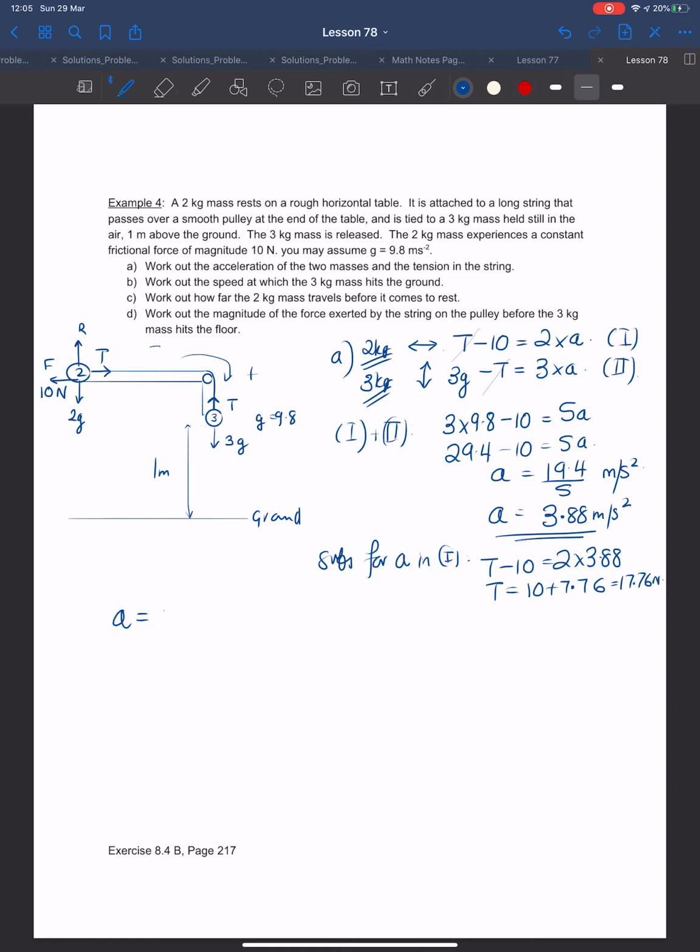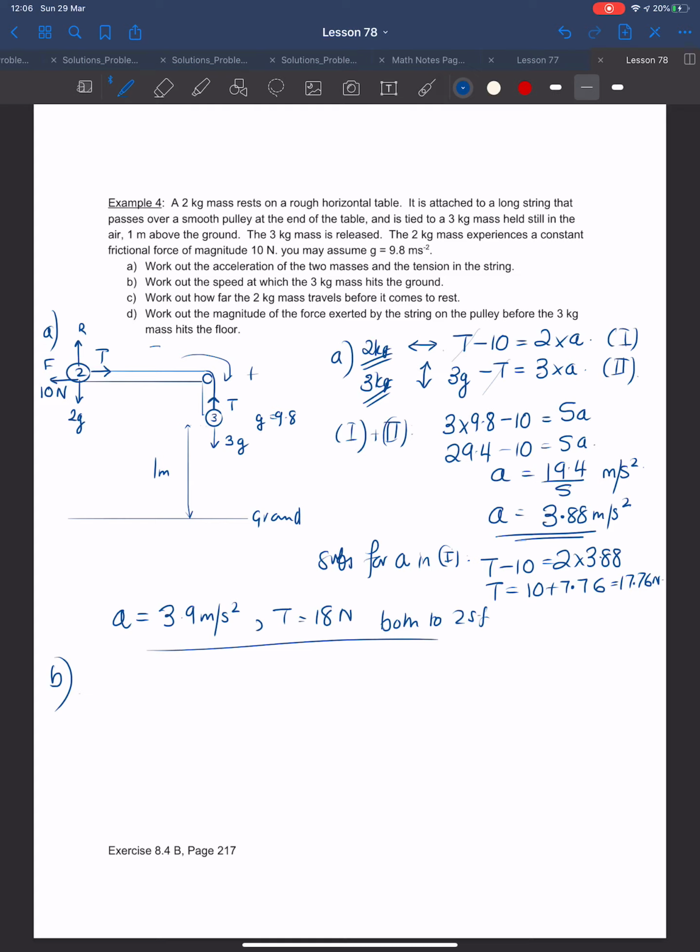So we have that a is 3.9 metres per second squared. T is 18 newtons, both to 2 significant figures. And that's part A.